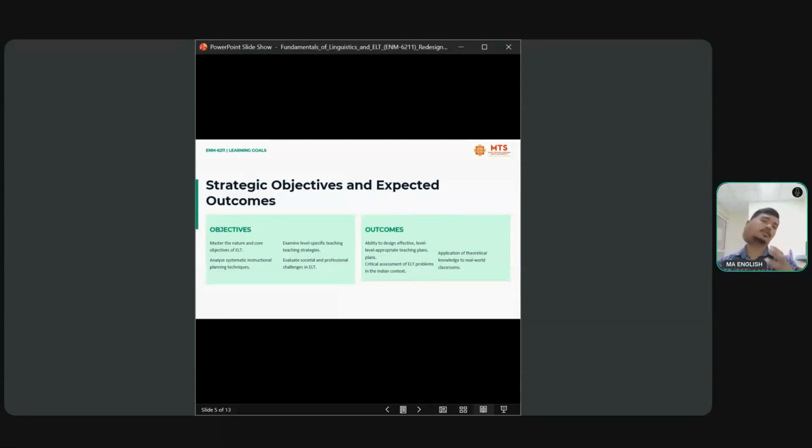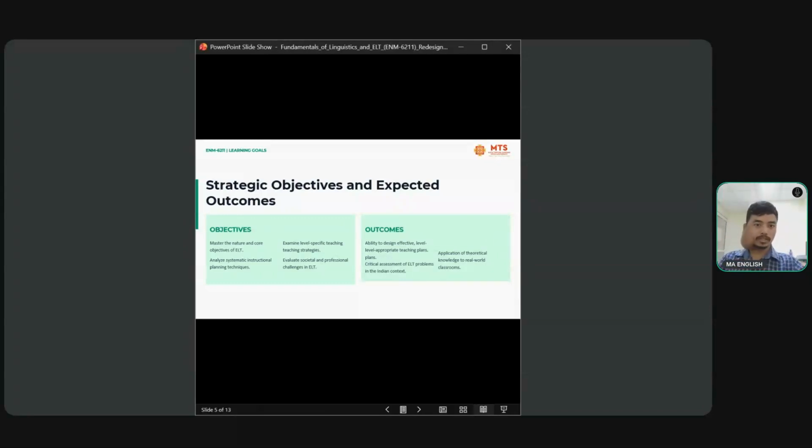And then what are the outcomes? You'll be able to design effective, level-appropriate teaching plans, and you'll be able to make critical assessments of ELT problems in the Indian context. Application of theoretical knowledge to the real-world classroom.